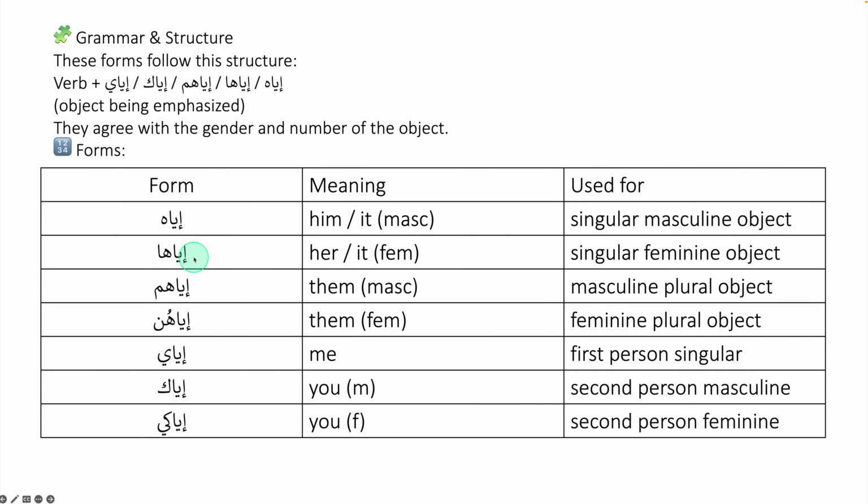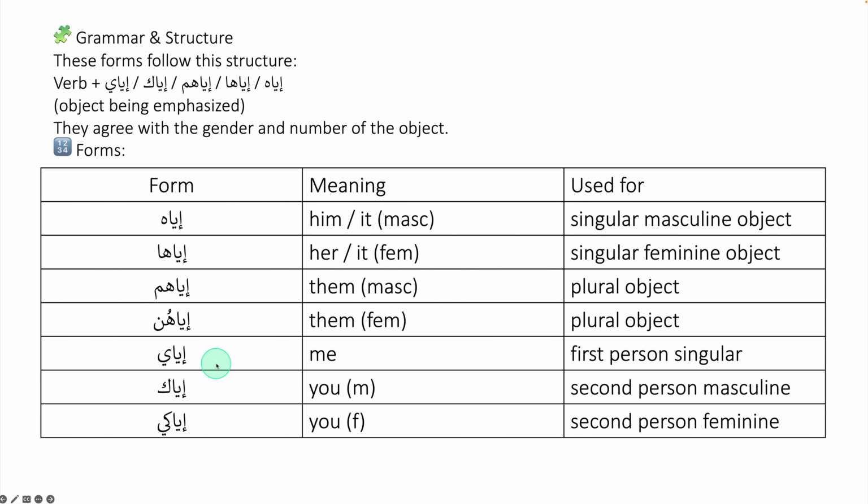And then iyyaha refers to her, and it, if the object is feminine, meaning objects like non-human. And then we've got iyyahum, which is them, plural object, and iyyahun, them, plural object. I know I wrote here masculine, feminine, but they're both used for masculine and feminine. So pick either, and use them interchangeably between regional dialects.